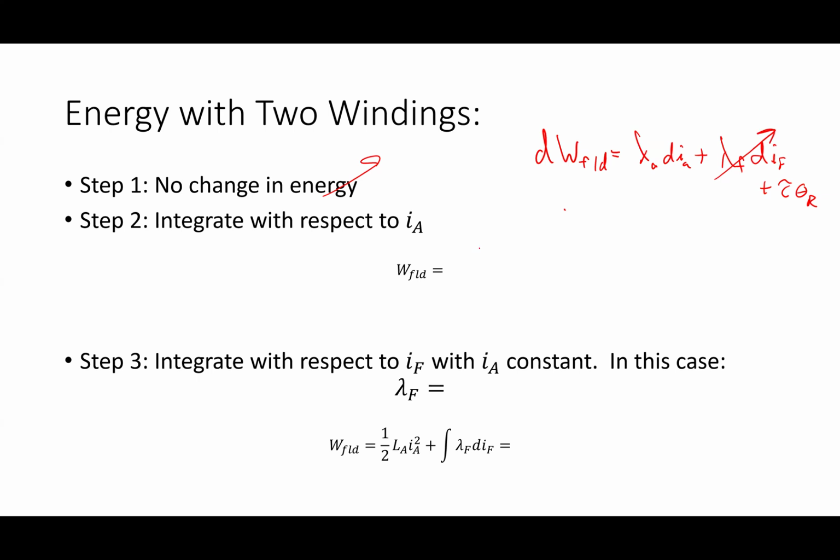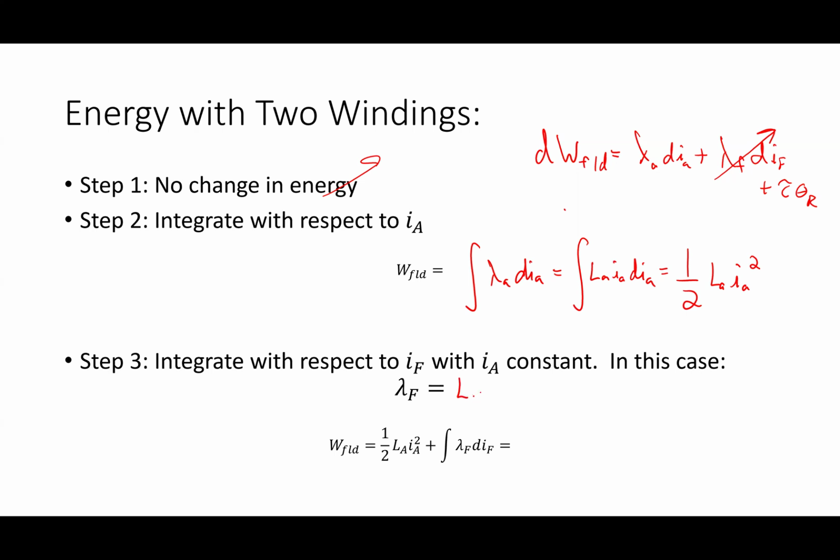So this simply becomes lambda A dIA. If there's only current in coil A, this is simply LA IA dIA, and it's just 1/2 LA IA squared. It's simple.